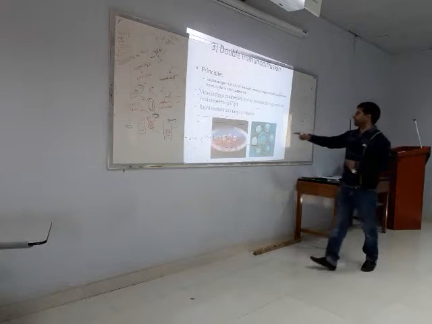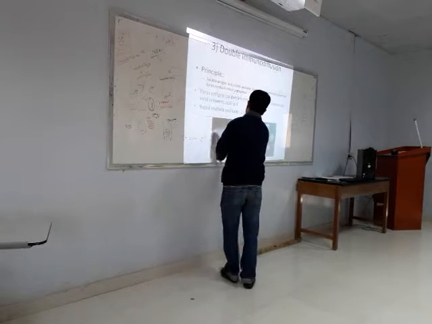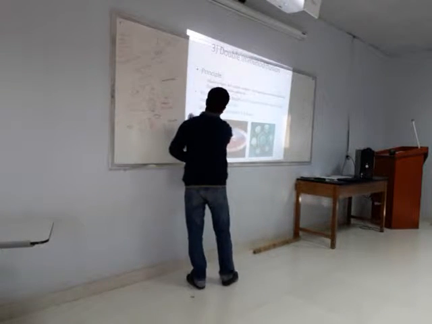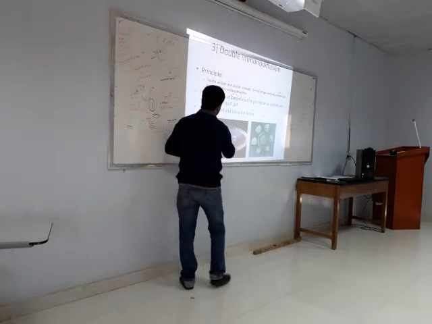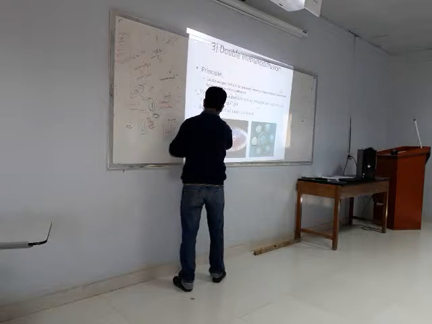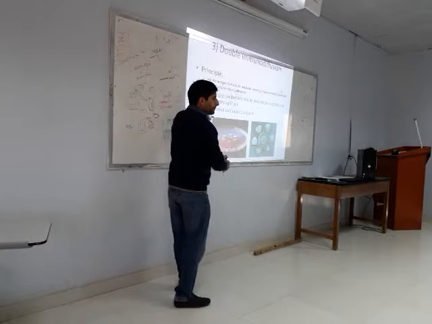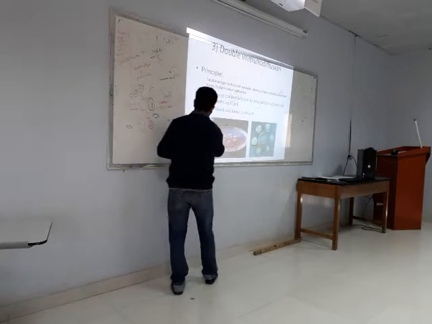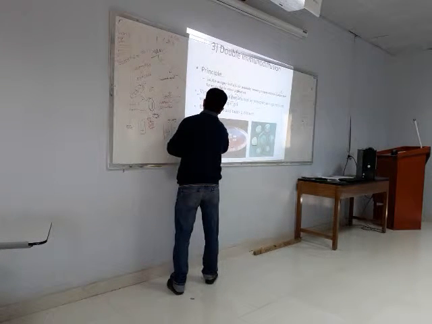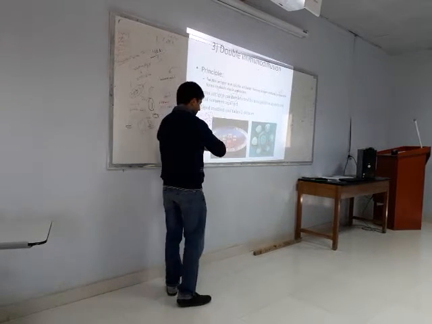Now, double immunodiffusion. What does double immunodiffusion indicate? What does it mean? You have a petri plate, okay? You put agar in it. I told you last time what agar is. You remember? This is agar, inside the petri plate.